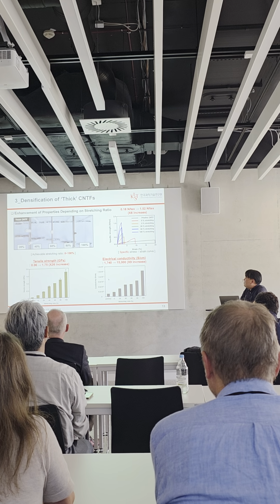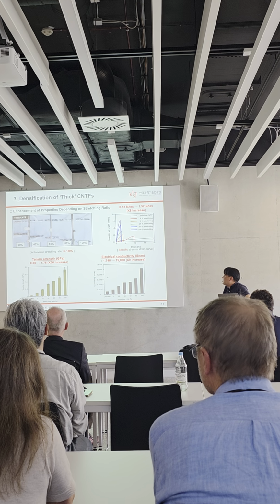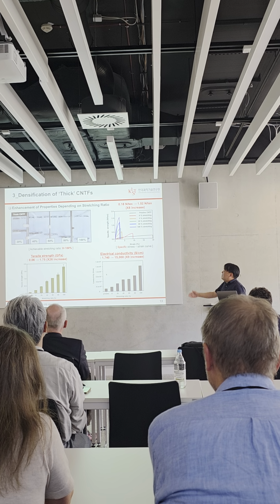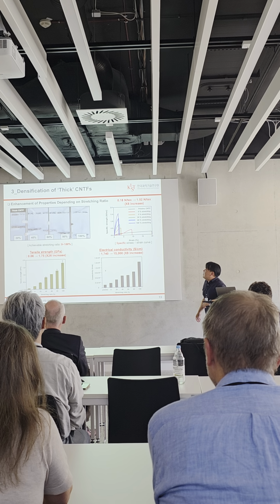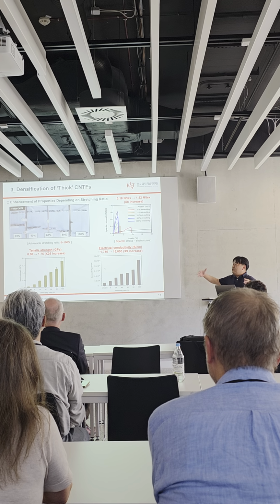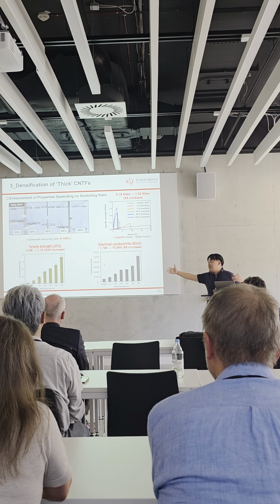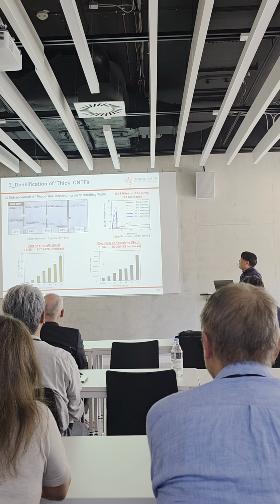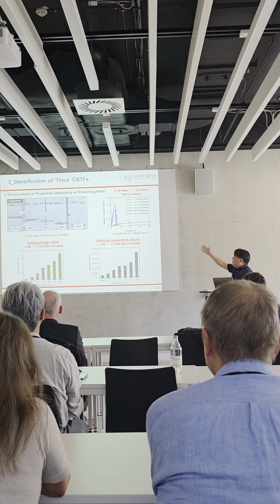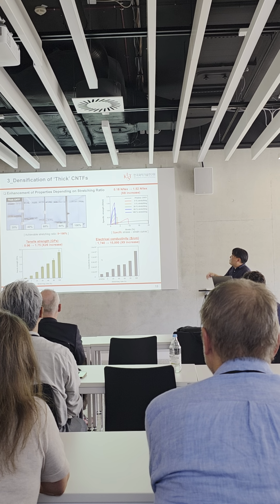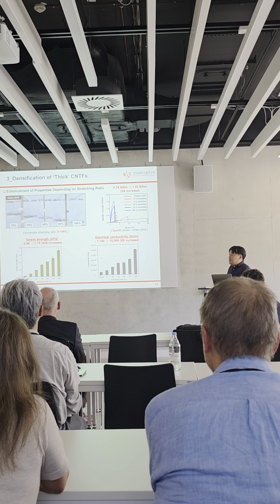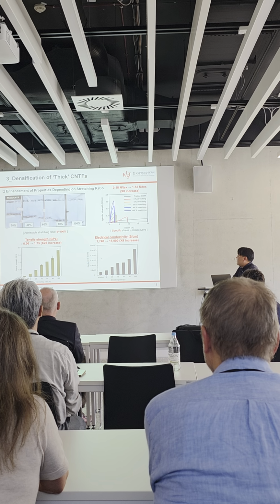But interestingly, it works very well. The thick, higher linear density CNT fiber can be stretched by 100%, so it's almost twice the stretch, and surprisingly all the properties increased from those of the pristine CNT fiber.